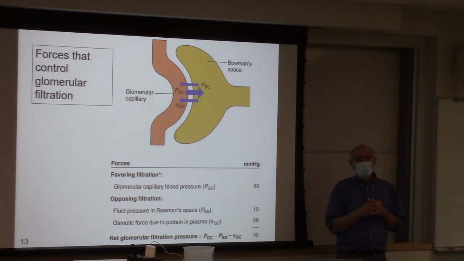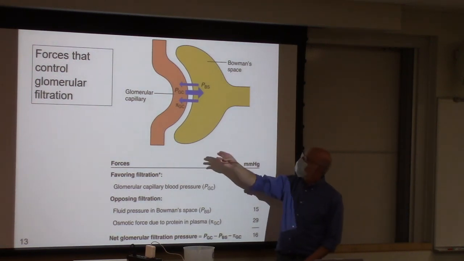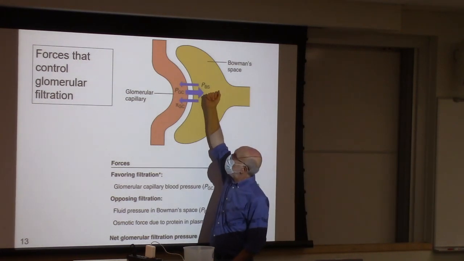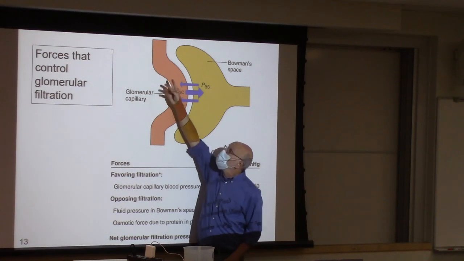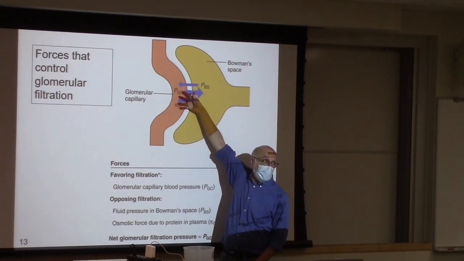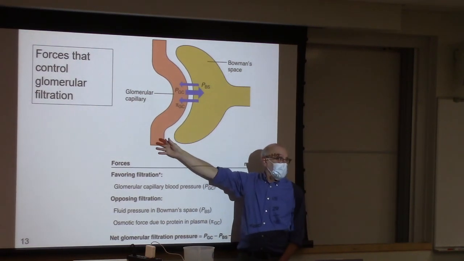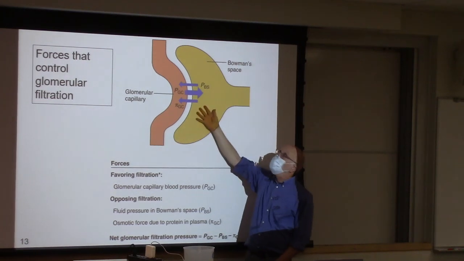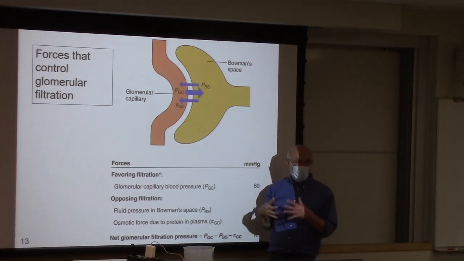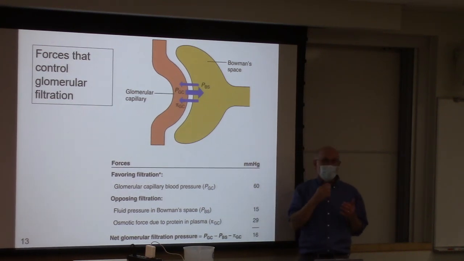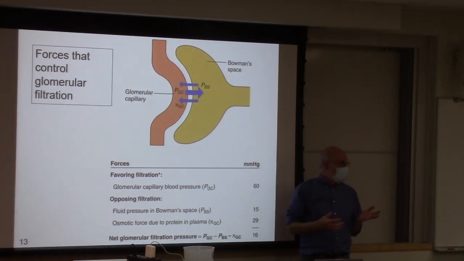Filtration. Now we're going to get into physiology, not anatomy. Let's get oriented. Let's just say this is an afferent arteriole, glomerular capillary, efferent arteriole, Bowman space. Now we're not talking anatomy, this is highly simplified.